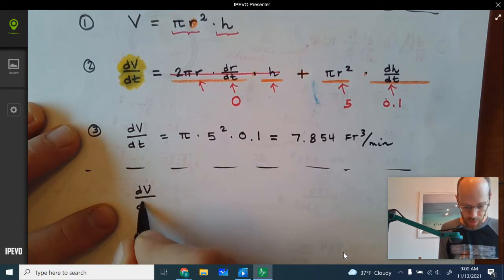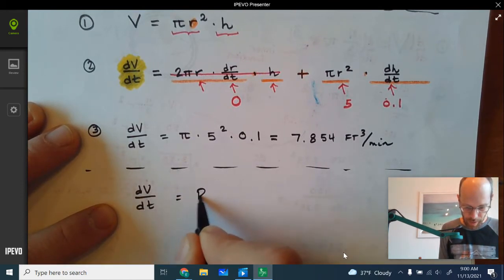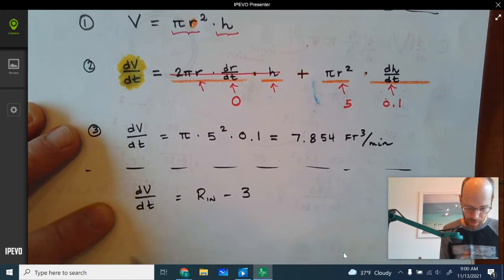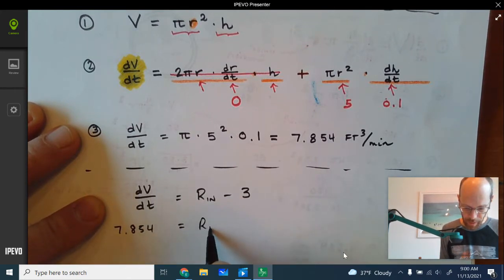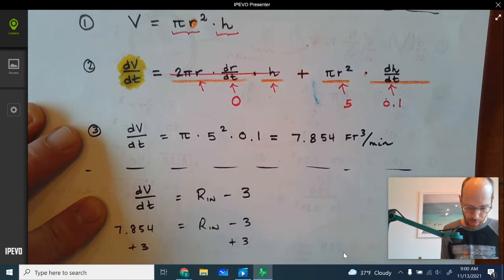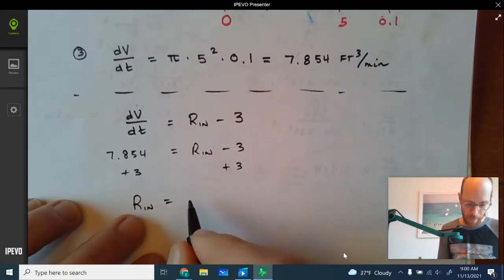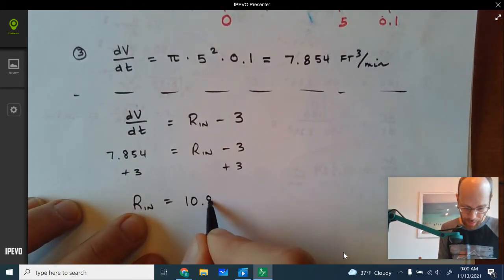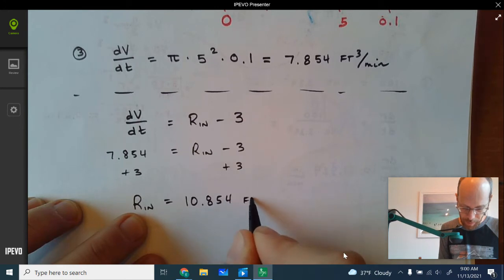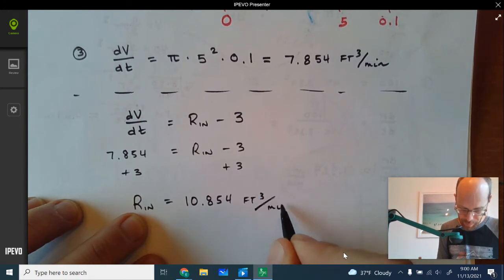The rate of change is equal to the rate in minus 3. So 7.854 is equal to the rate in minus 3. And if we add 3 to both sides, the rate at which Gale is adding water to the pool is equal to 10.854 cubic feet per minute.